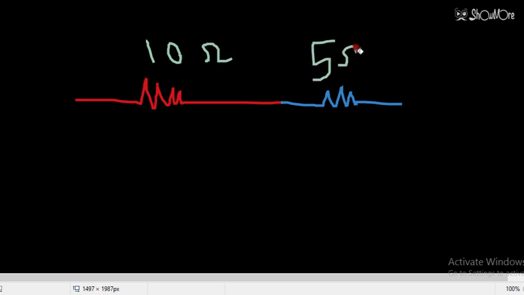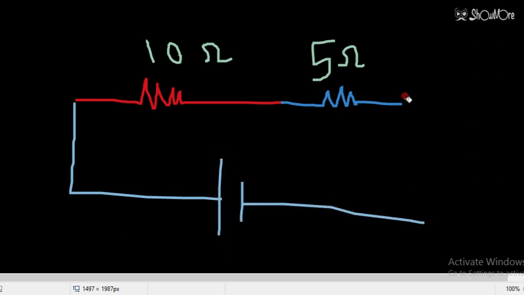Now students, you can check, if I connect a positive negative battery here, then the same current will flow through this 10 ohm resistance and through this 5 ohm resistance. That means now these two are in series.